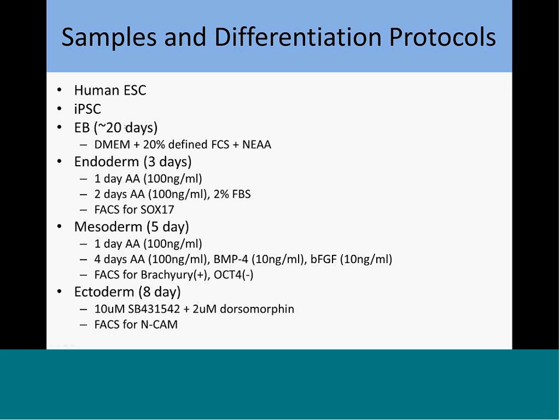So the EBs, the standard that Carolyn uses, is a 20-day culturing with the FCS and NEAA. What's NEAA? Non-essential amino acids. Okay. Gelatin-coated plastic. Okay.